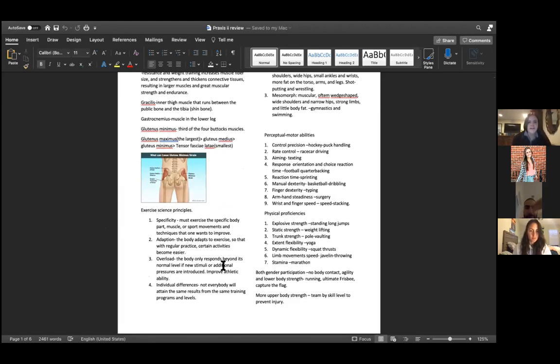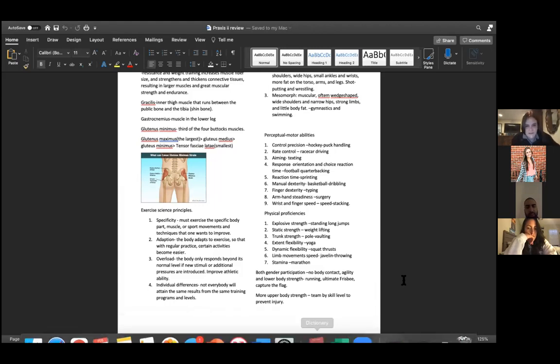Specificity, must exercise the specific body part, muscle, or sport movements and techniques that one wants to improve. I'll just read all of these. Adaptation, the body adapts to exercise so that with regular practice, certain activities become easier. Overload, the body only responds beyond its normal level if new stimuli or additional pressures are introduced and improves athletic ability.